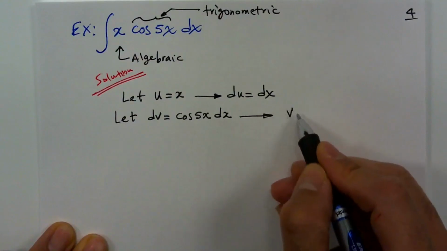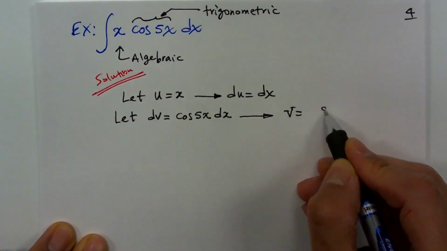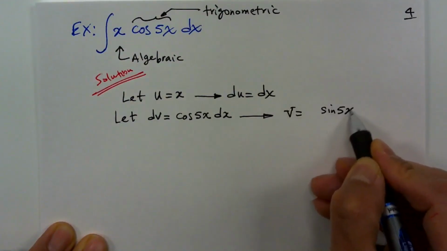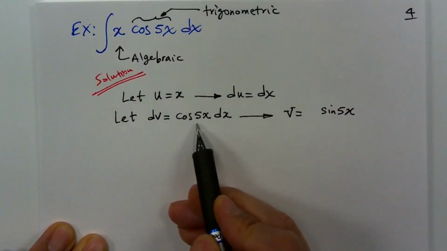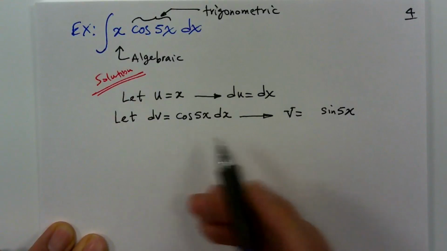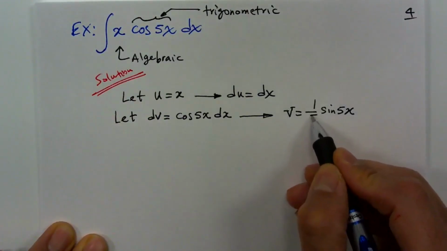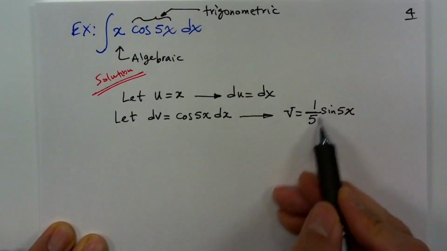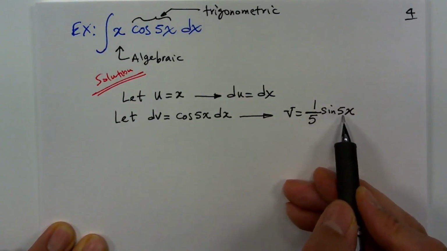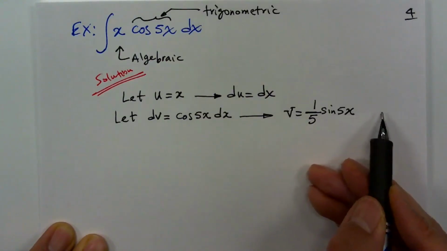So if we write v equals sine 5x, if this is the antiderivative of that, we must have a factor 1 over 5 as well here, because by the chain rule, when you take the derivative of this, you end up with cosine of 5x times 5.